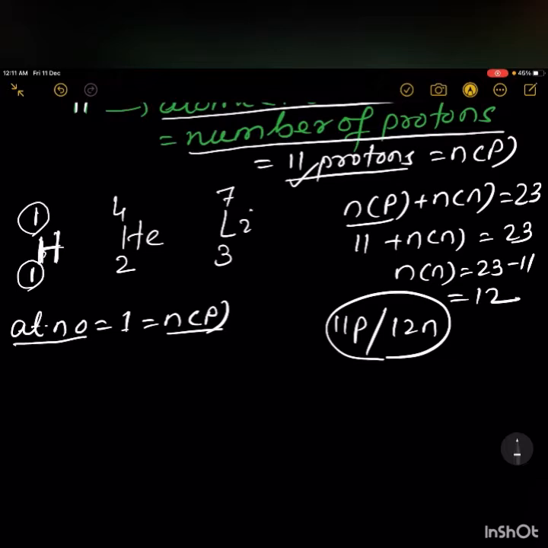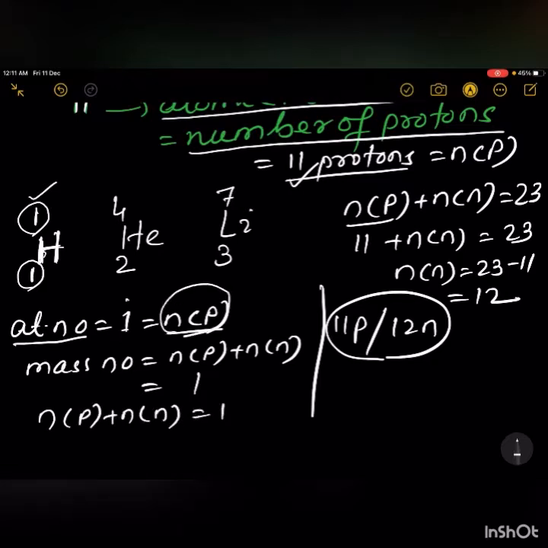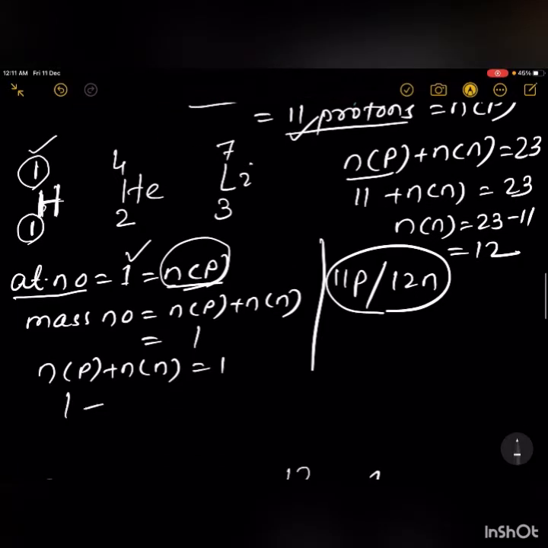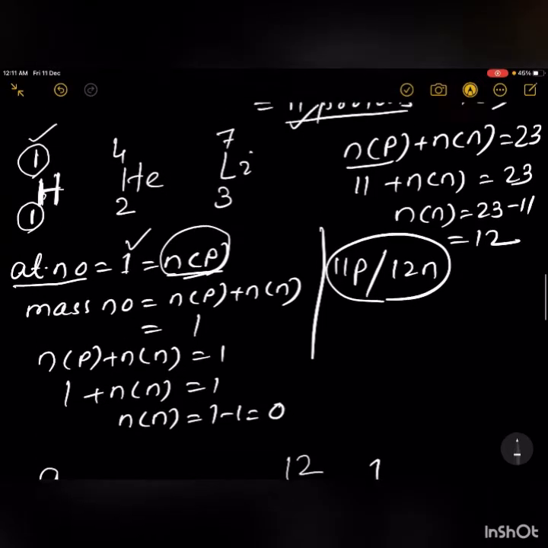Mass number is equal to number of protons plus number of neutrons, which for hydrogen is also 1. You have already found the number of protons is 1. So 1 plus number of neutrons is equal to 1. So number of neutrons is equal to 1 minus 1, which is 0.